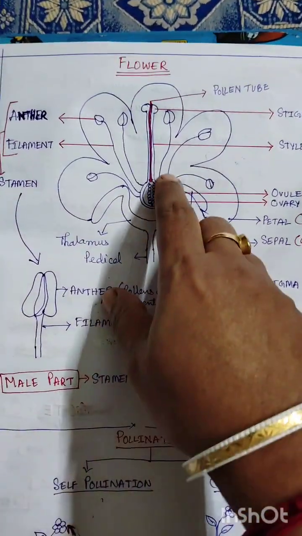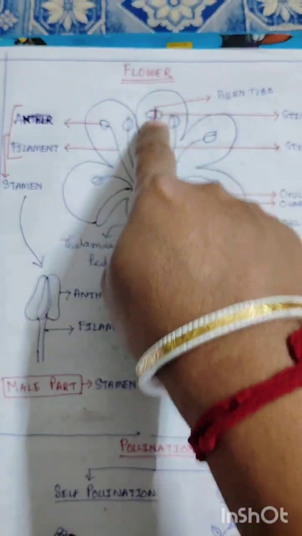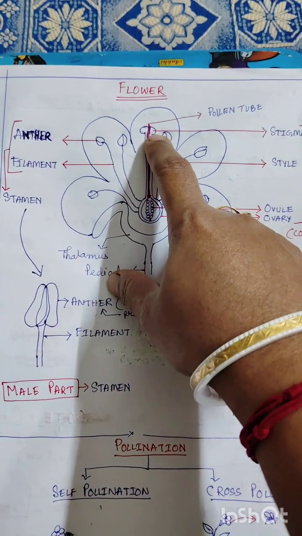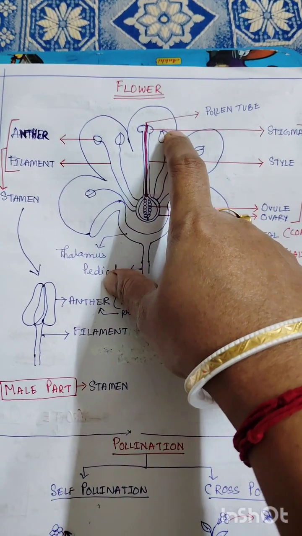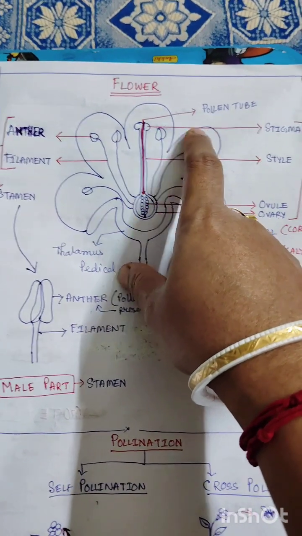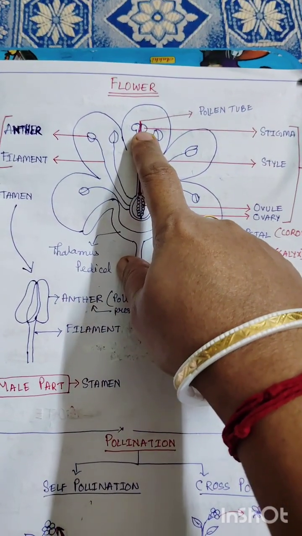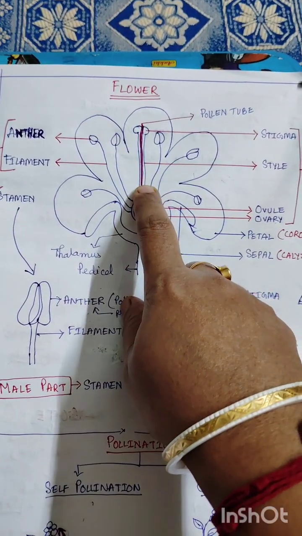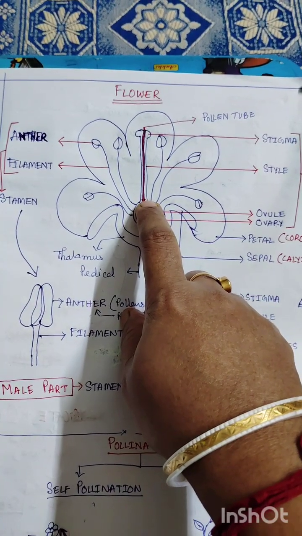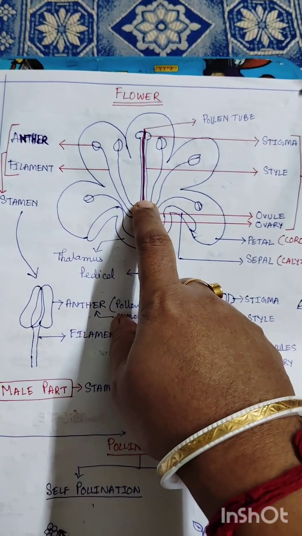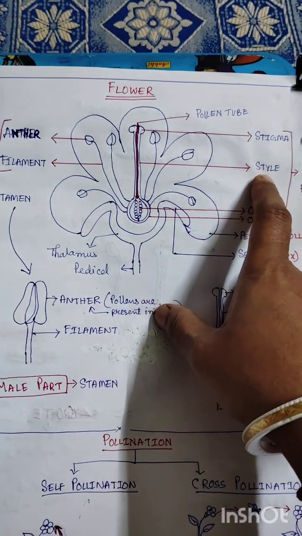Okay, now see the central structure of the flower. We can see that at the top there is a knob like structure, round knob like structure, which is called stigma, and that is going down with a narrow tunnel shaped narrow long slender body, and it is called style.